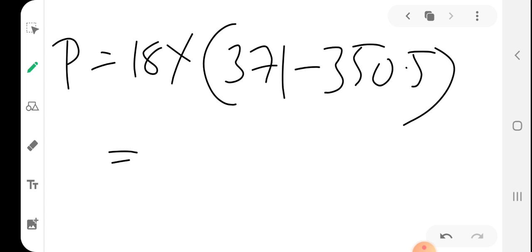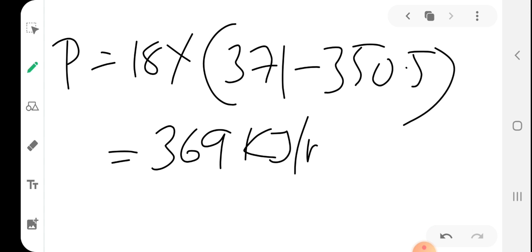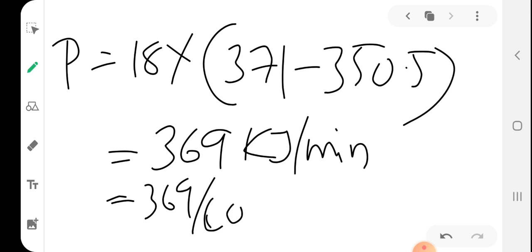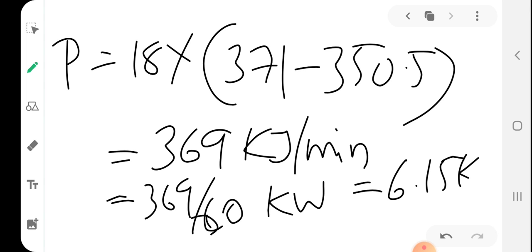So this will be around 369 kilojoule per minute, but we want it in kilowatts, so you divide by 60, 369 by 60. So dividing by 60, you will get 6.15 kilowatts. Okay, 6.15 kilowatts.